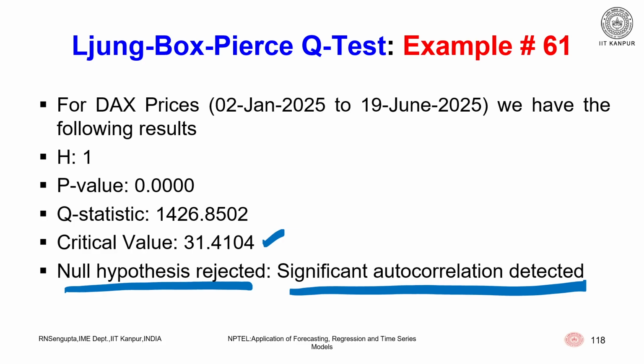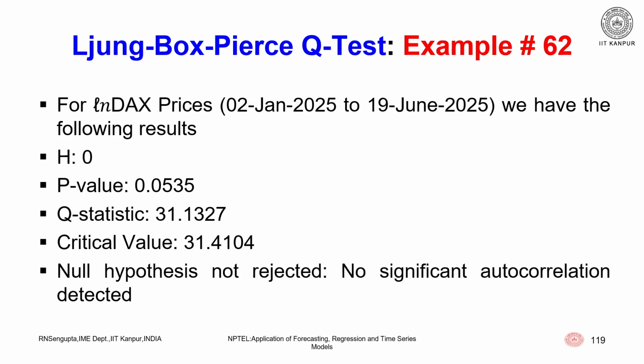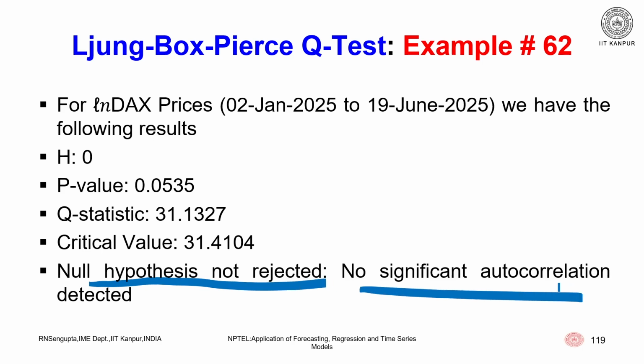The critical value for the Q statistic can be changed accordingly. When I run it for the logarithmic series, the most important thing is that the null hypothesis is not rejected, that is, no significant autocorrelation is detected. So we are much more certain that logarithmic prices would be much better for running the models.